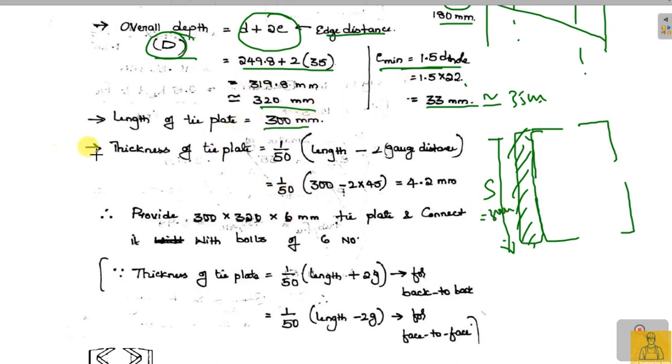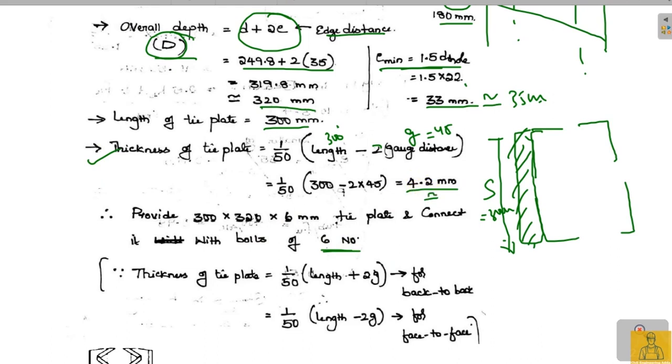And the other thing is the thickness of the tie plate should be 1/50th times the length minus 2 times the gauge. Gauge is 45, so you will get the thickness of the tie plate as 4.2 mm. Of course, you can round it off to 6 mm.